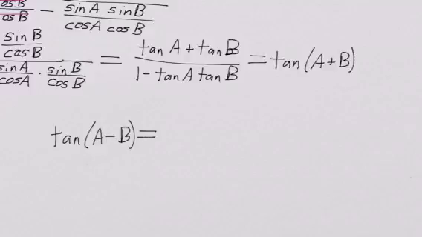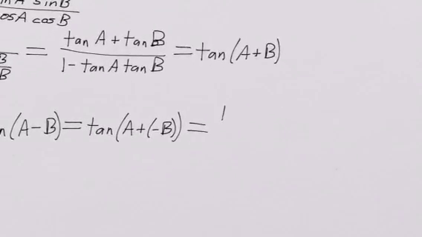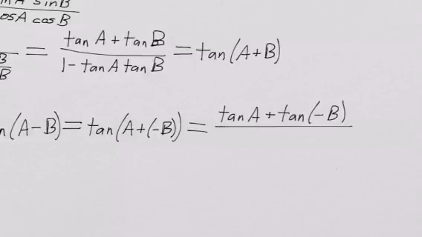I'm going to say that's the same thing as the tangent of A plus negative B. So I can plug those angles into the formula that we just derived. So we get tangent of A plus tangent of negative B over 1 minus tangent of A tangent of negative B.